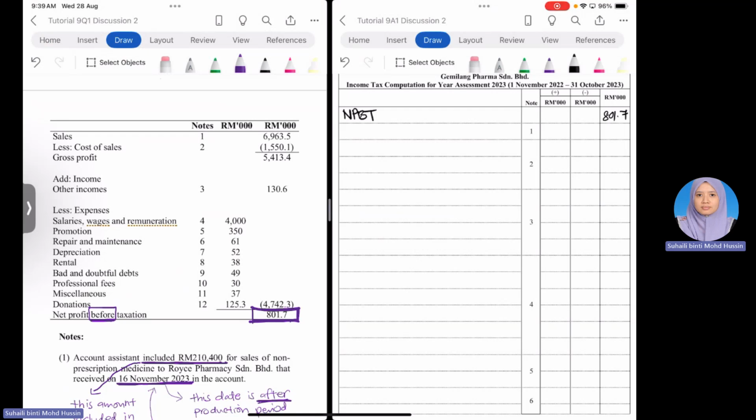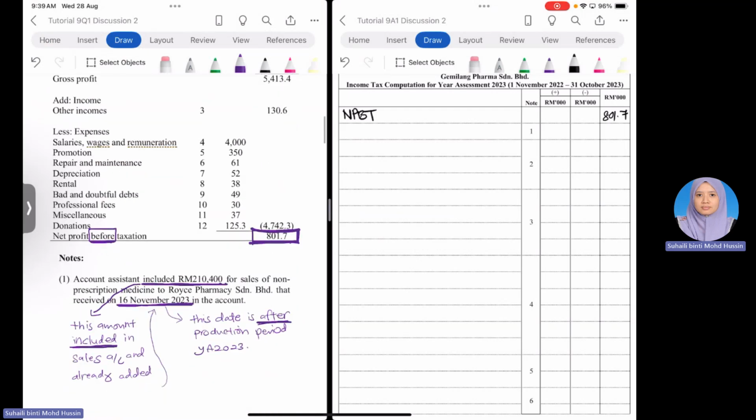So we see the first one, sales, note number 1. You already added the sales of 6,963,500 ringgit in arriving at net profit before taxation. So we see the detail of what note number 1 tells you about the sales amount.